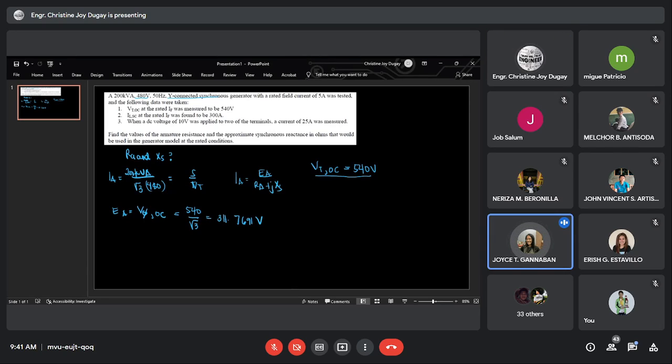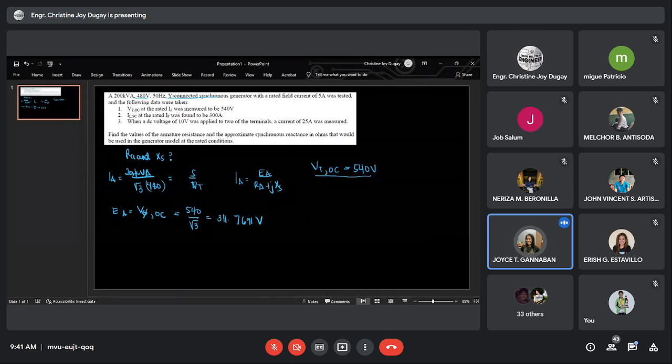Ma'am, kapag Y connected po ata, yung value ng IA is equal sa value ng IL? Tama, may point si Miss Yanaban. So, ano ang gagawin natin ngayon? Pwede naman natin mahanap yung IL natin, 300 amperes. Bakit ba hinahanap pa yung IA?